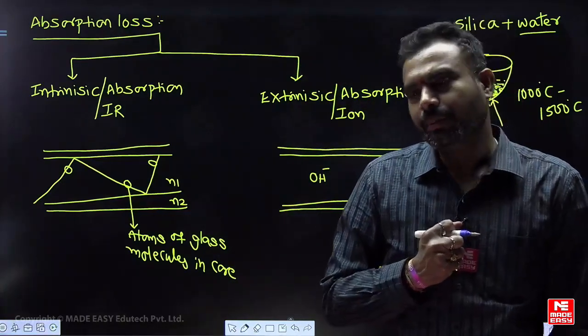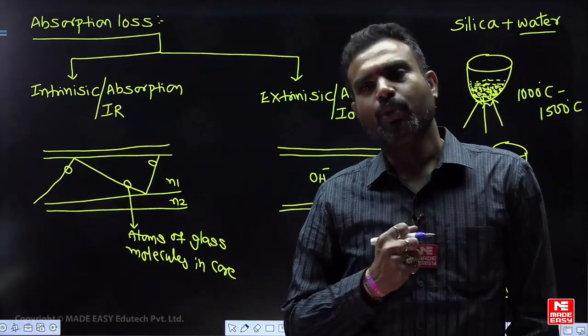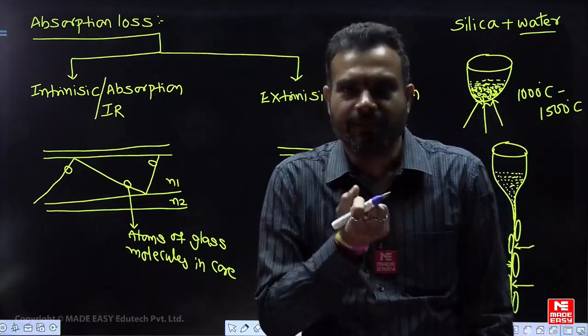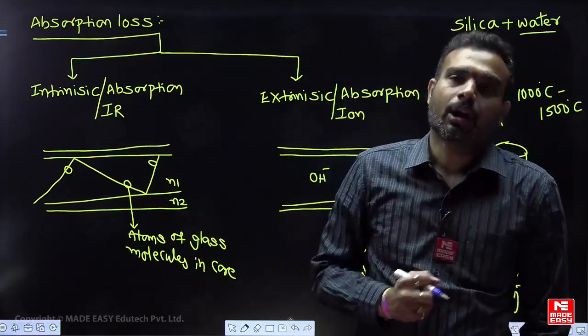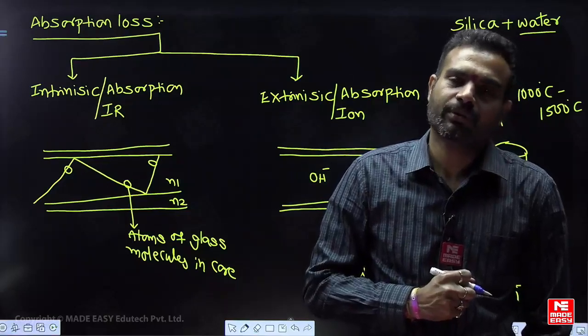Some metal element impurities present in the fiber will also absorb the optical signal passing through the fiber.